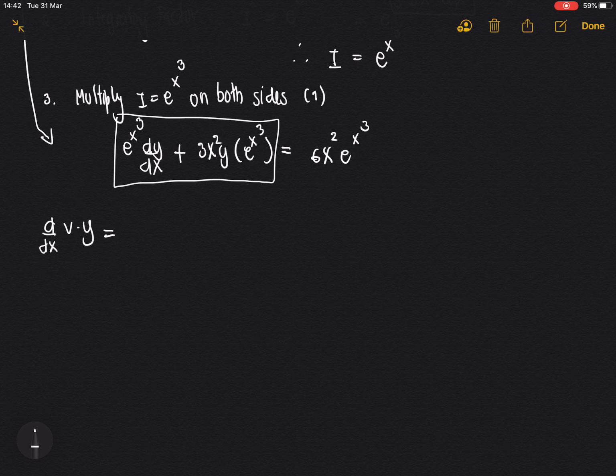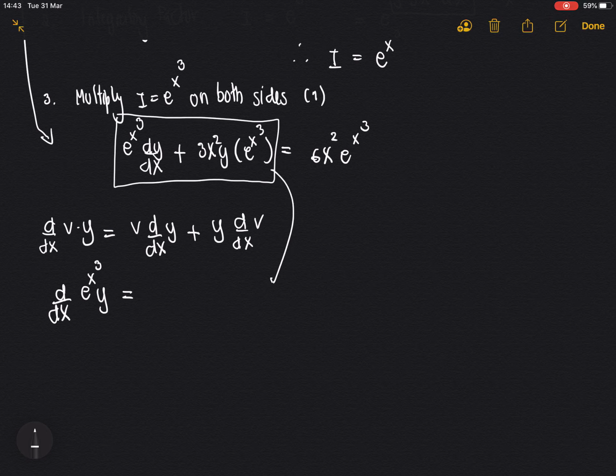The product rule is the combination of v multiplied with the differentiation of y, adding up with y multiplied with the differentiation of v. That is how the product rule is described. If you compare that with the product rule between the integrating factor, e to the power of x³, multiplied with y, you will end up with the terms inside this box.